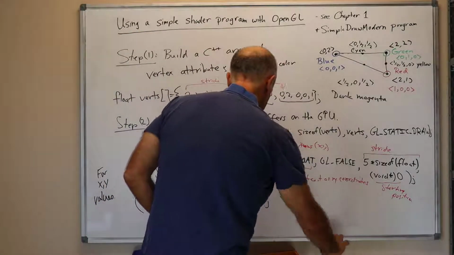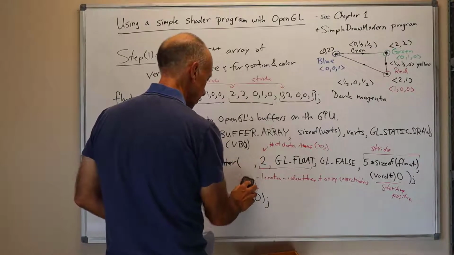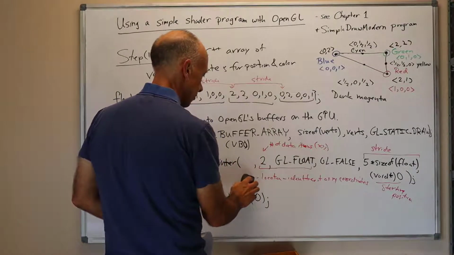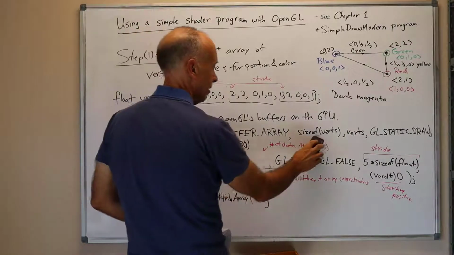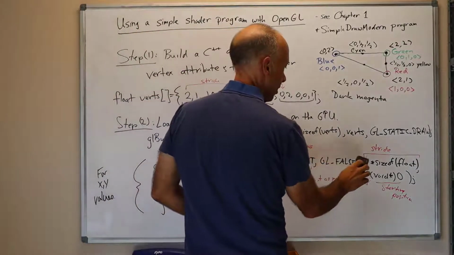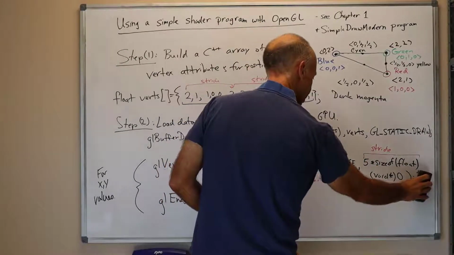So the color values are going to be, let me just start erasing stuff. They're not going to be location 0 anymore. They're not going to have 2 data items. They're going to have 3. The stride is still going to be 5. And then the starting position will be someplace different.